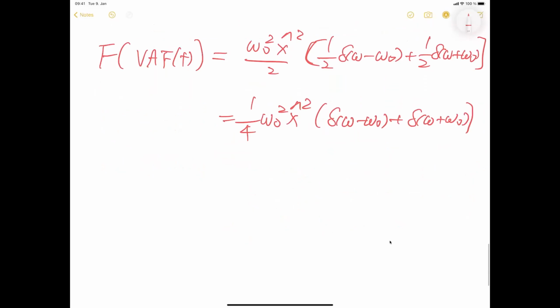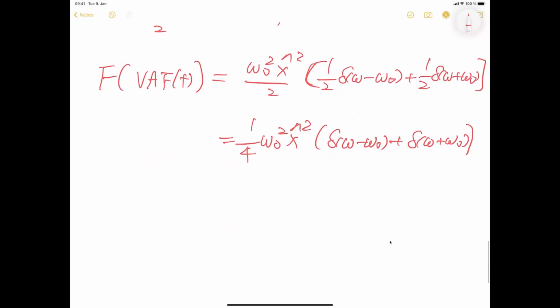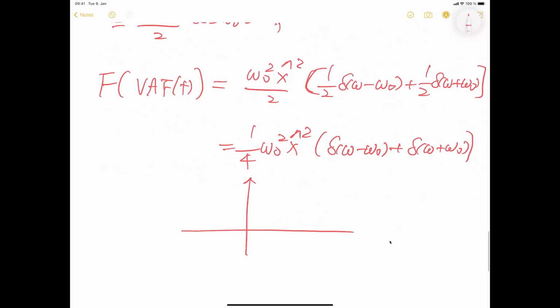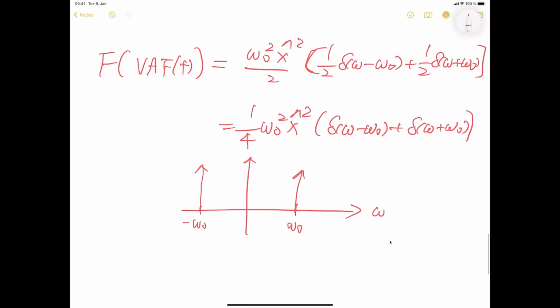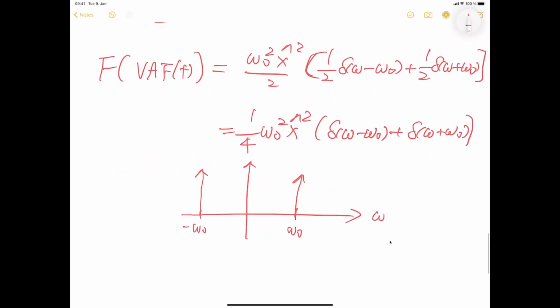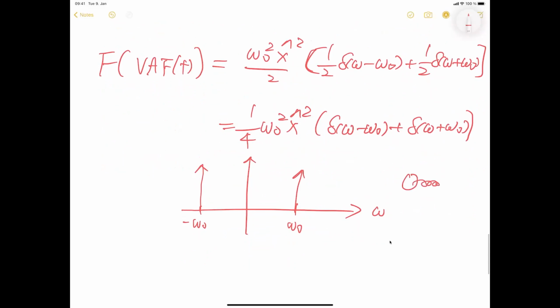So if you plot the Fourier transform of this velocity autocorrelation function, you will get the peak around plus or minus omega 0, which tells you the intrinsic oscillation frequency of this dimer, right?